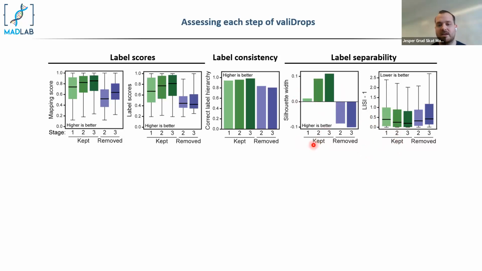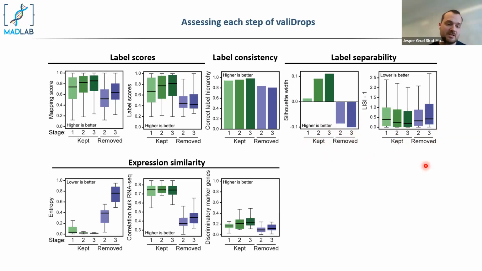And what we can see again is that filtering with valiDrops improves this massively, and the barcodes that are removed are scattered across the PC space, and we can see the same tendencies over here in the neighborhood analysis.